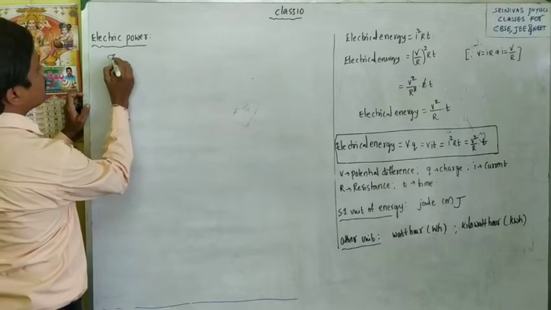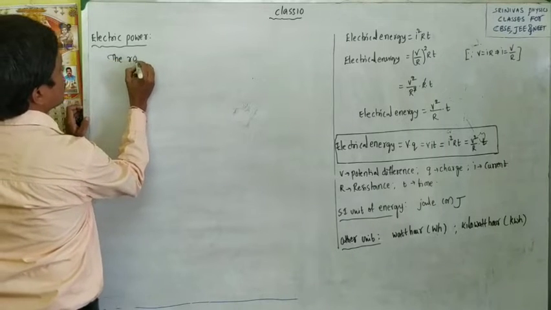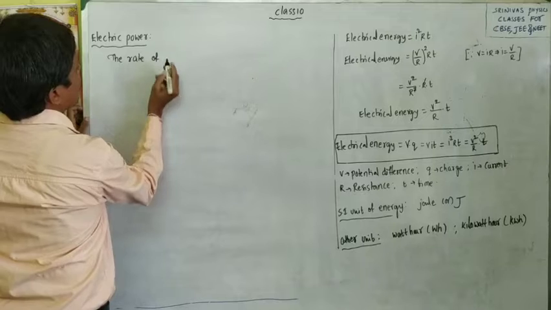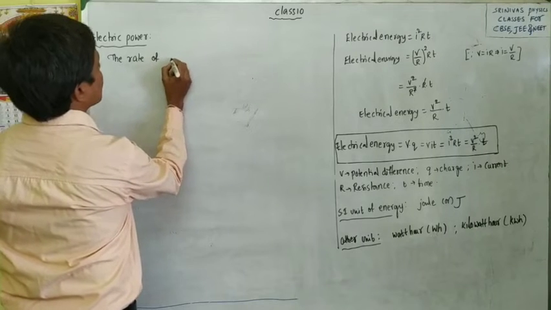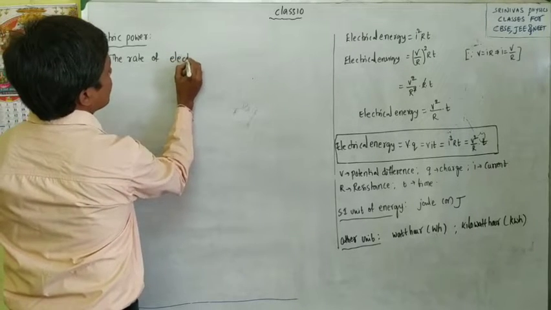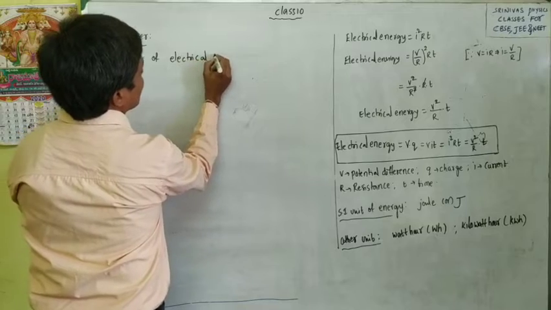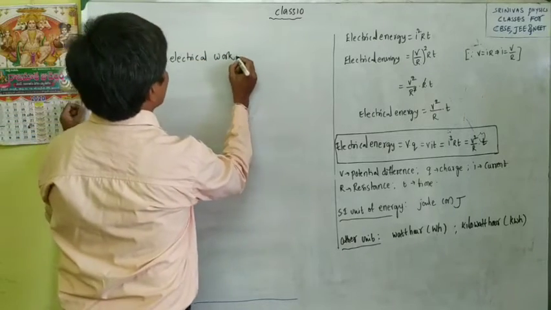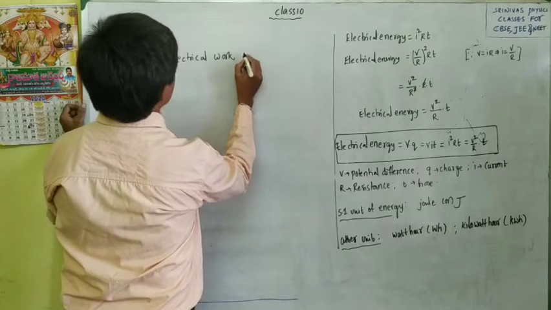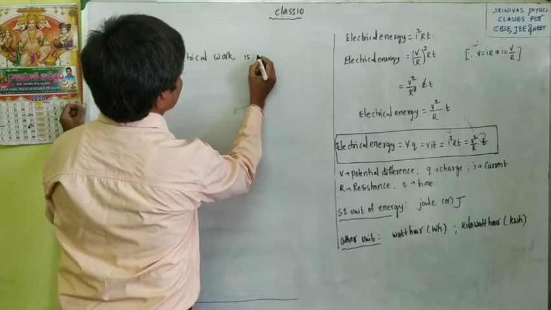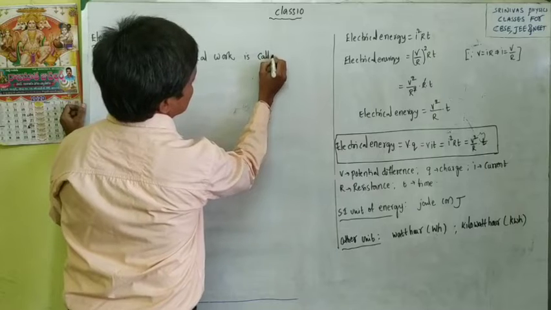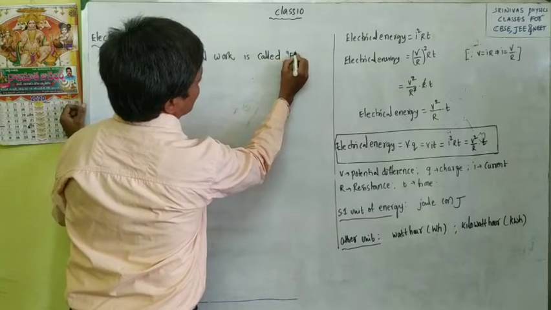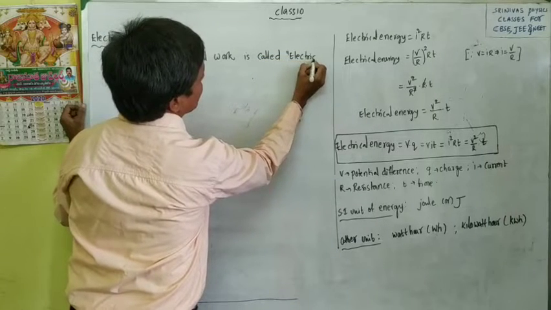The rate of electrical work done is called electric power.